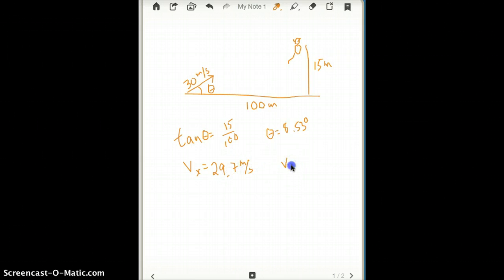In the y direction, it will be rising at 30 times the sine of 8.53 degrees. So 4.45 meters per second.